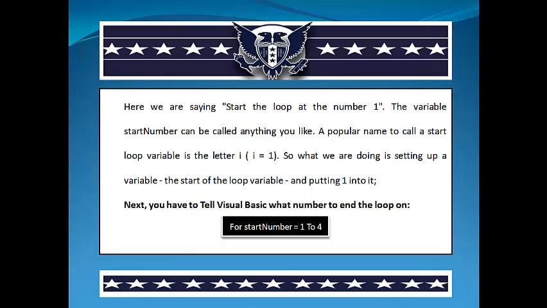A popular name for a loop variable is the letter i, equals 1. So what we are doing is setting up a variable, the start of the loop variable, and putting 1 in it. Next you have to tell Visual Basic what number to end the loop on.